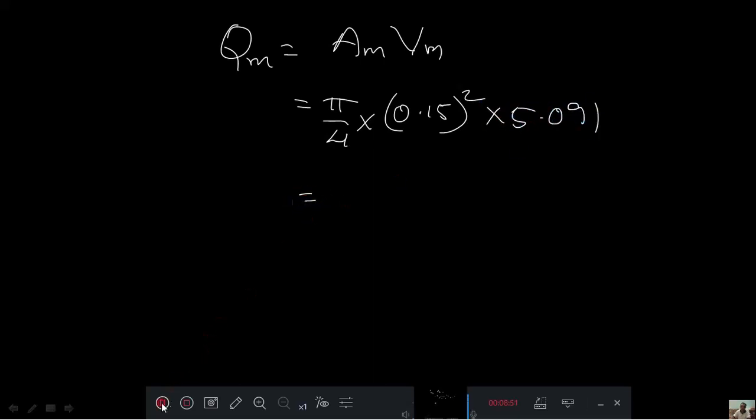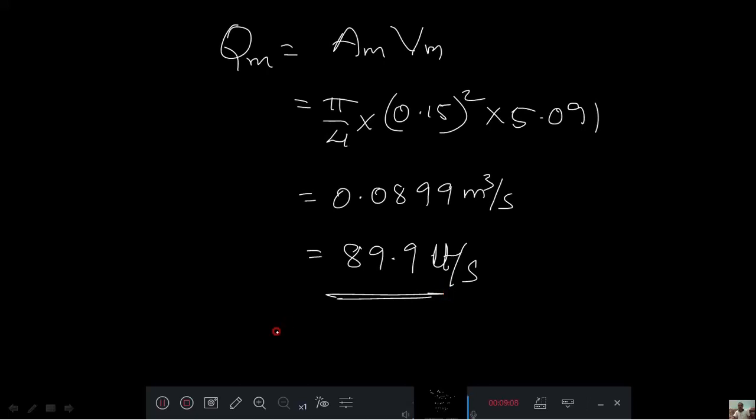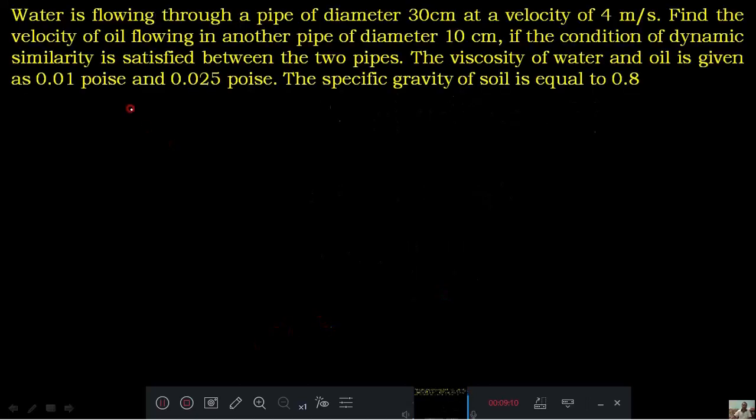This is your answer, 0.0899 meter cube per second. If you want it in liters, multiply by 1000, then 89.9 liters per second. Problem solved. Then we'll go to the next problem.